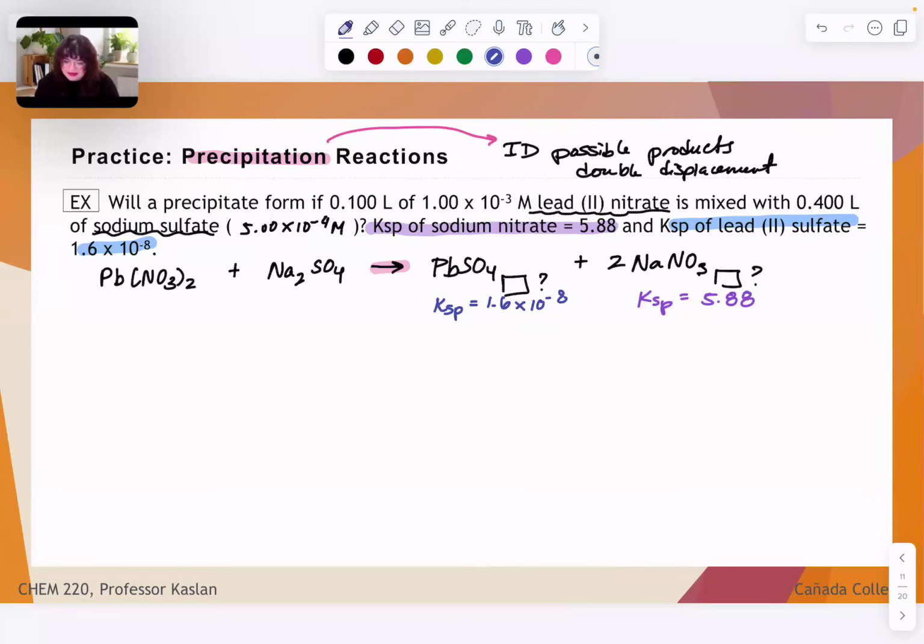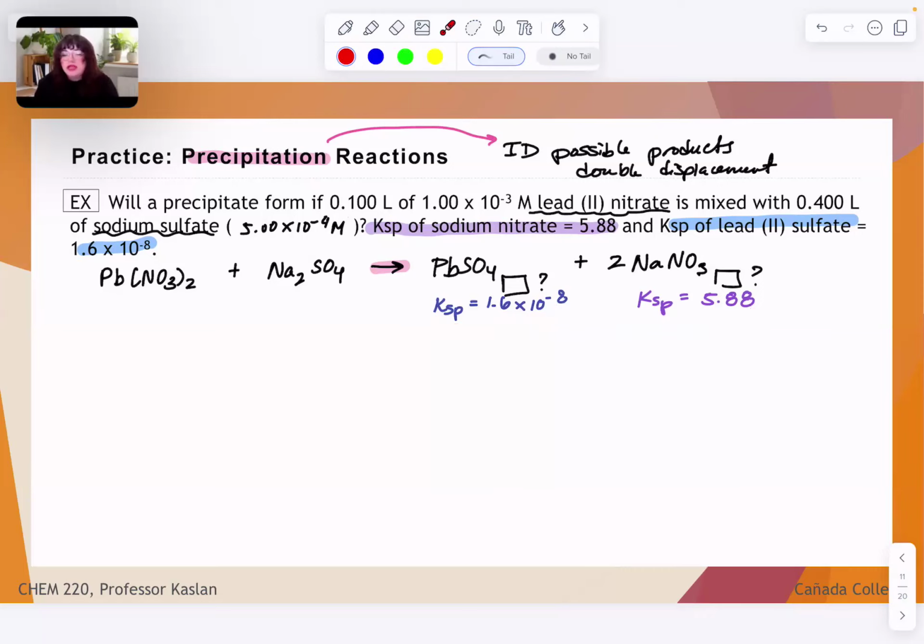And it might be tempting for you to look at the value of K and say, oh yeah, we can totally immediately identify which thing is going to be insoluble versus not. Like we have a hunch that perhaps it's the lead 2 sulfate that might form a precipitate because its KSP, its solubility product, is much lower than the KSP of sodium nitrate.